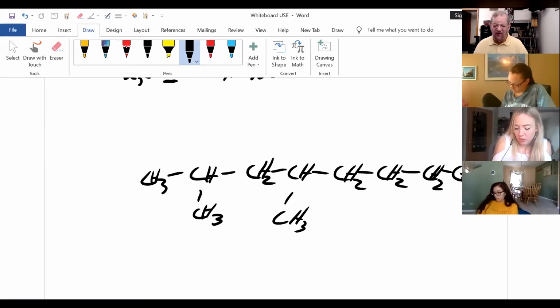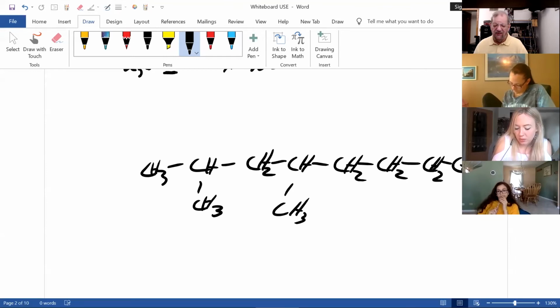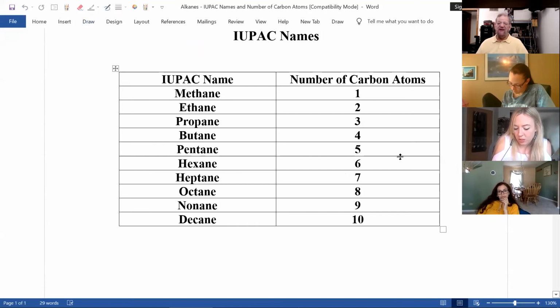Everybody figure out what the longest chain is? Because now I'll switch over in case you haven't learned this chart, and I'll put out an email recommending everybody either print out or write this out. Hopefully you picked the longest chain was 8, octane.